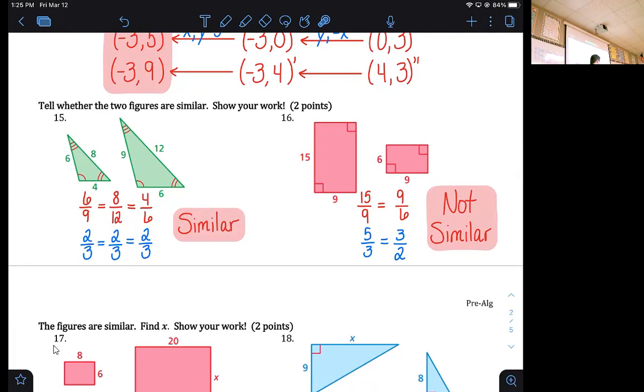You get 1.6 repeating and 1.5. 1.6 and 1.5 are close, but they're not the same, so they're not similar. Or if you cross multiply, you got 90 equals 81, and that's not the same, so they're not proportional, depending on how you wrote it.